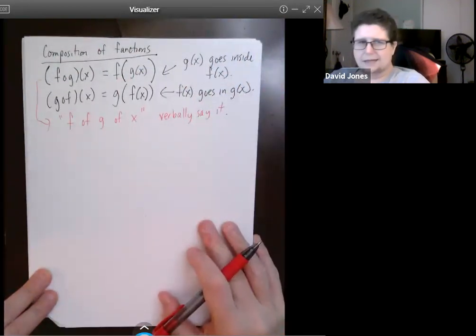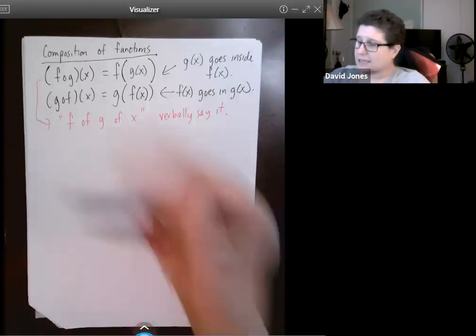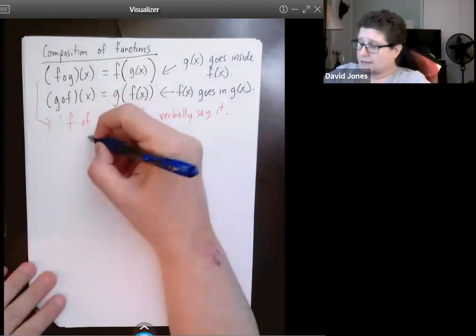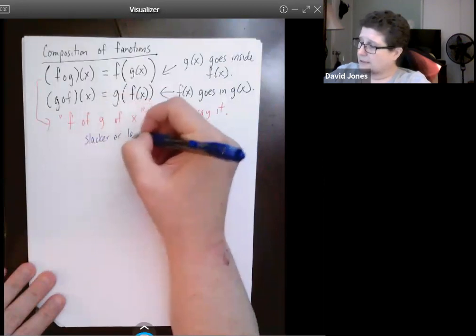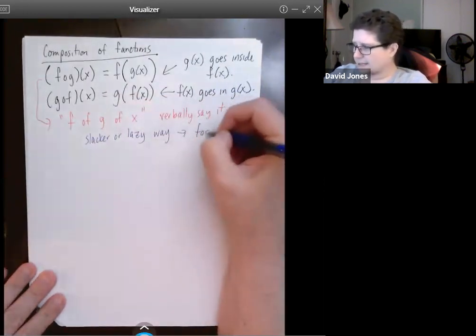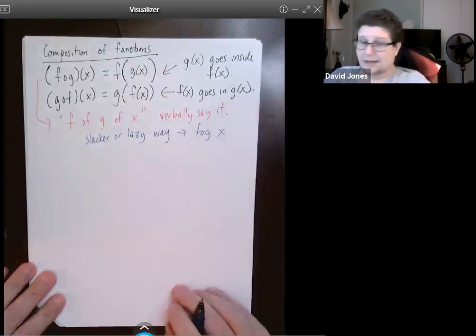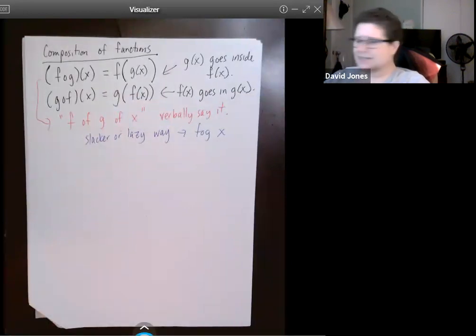And when you're lazy, a lot of people will just say fog x, the slacker or lazy way, like fog, foggy weather. But you want to try to avoid that because that can be confusing. F of g of x is consistently said by everybody.